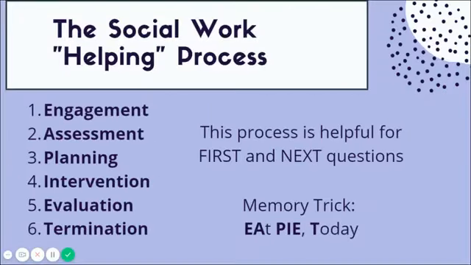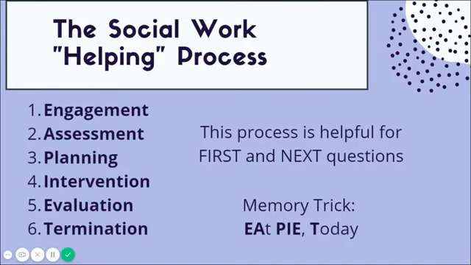The process that I'm referring to is sometimes also referred to as the social work helping process. It is a 6-step process that begins with the engagement phase and ends with termination. The 6 steps in this process are engagement, assessment, planning, intervention, evaluation, and termination.